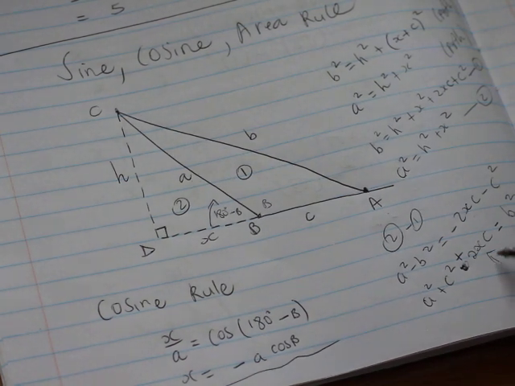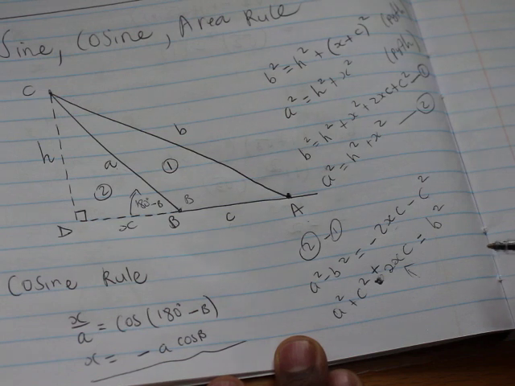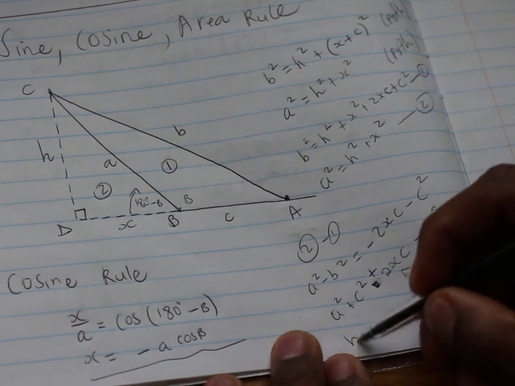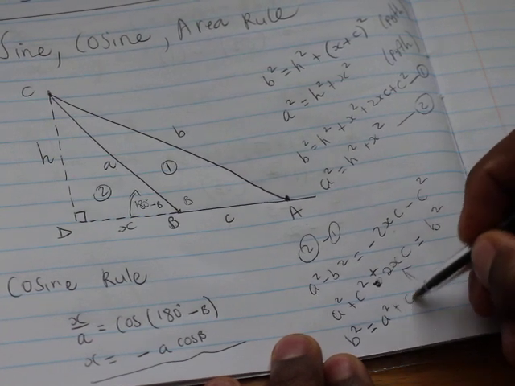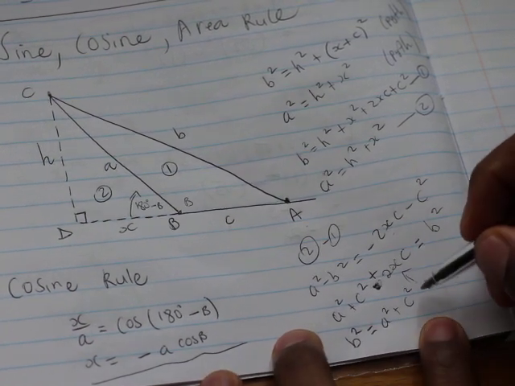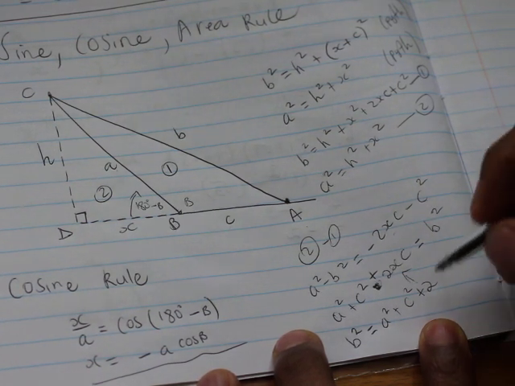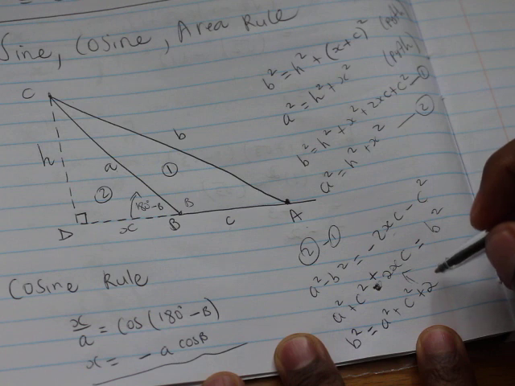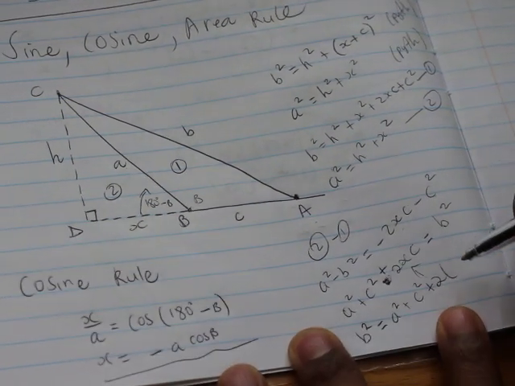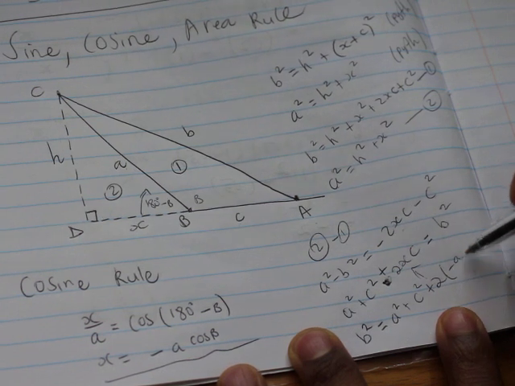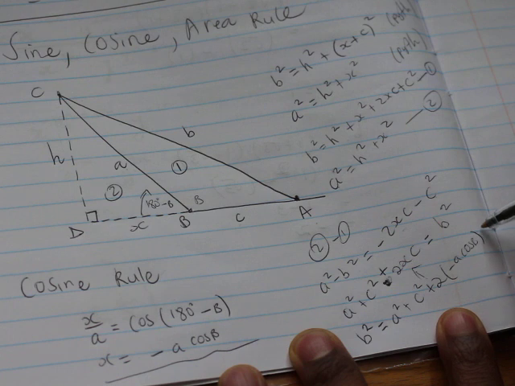So we need to go to that equation over there and substitute x. So then b squared is equal to a squared plus c squared, and then plus 2, right? And in place of the x, we substitute what? The expression that we got, which is minus a cosine of b, right? Minus a cosine of b, and then c.